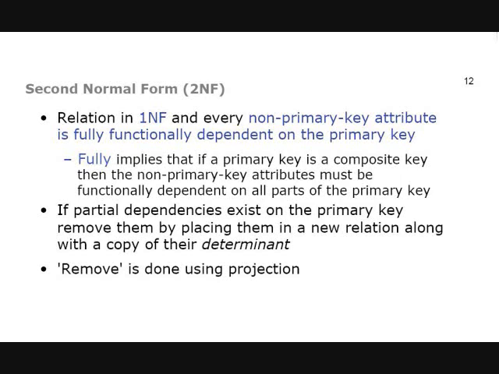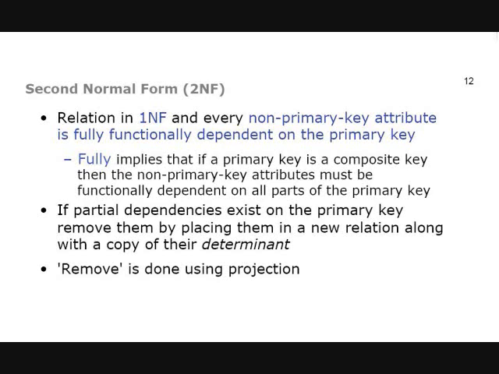Okay? So in second normal form, what we have is that the relation must be in first normal form, i.e. there are no repeating groups, and every non-primary key attribute, remember that one of these tables must have a primary key, so we have a primary key, and we have the attributes that are not part of the primary key.